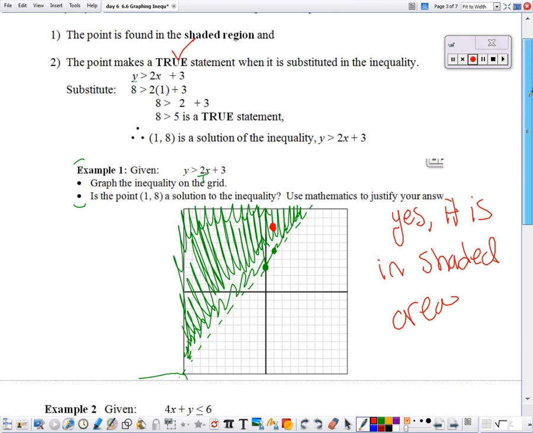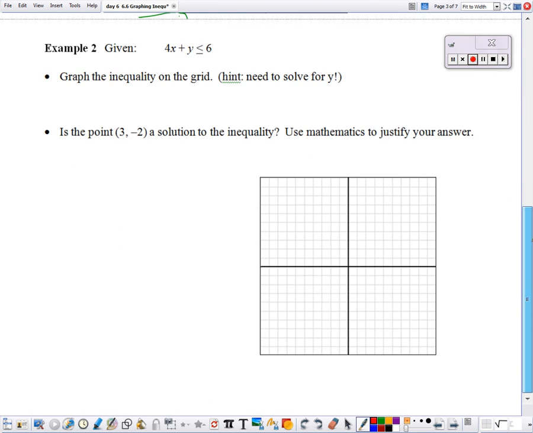Okay, so now we're going to try another one. 4x plus y is less than or equal to 6. The very first thing we need to do is solve for y. So I'm going to rewrite my equation. Draw my line at the inequality.